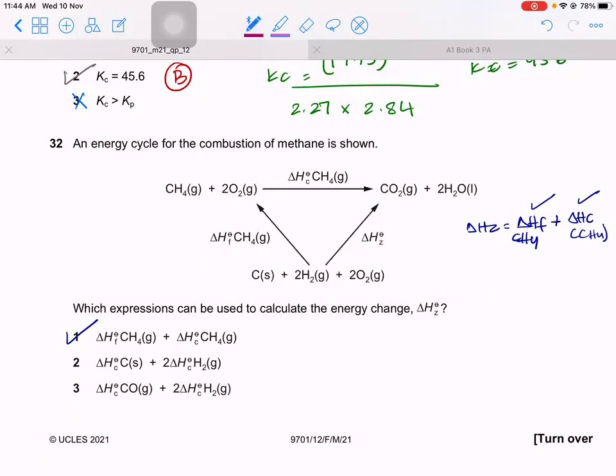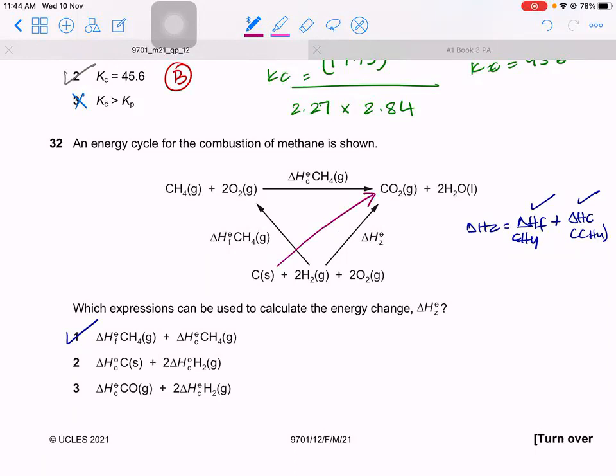Now they're saying, can you find it by combustion of carbon and combustion of hydrogen? So let's see, can that give you delta Hz? So combustion of carbon would be when this becomes CO2. Yes, you'll have to rearrange your arrows a little.